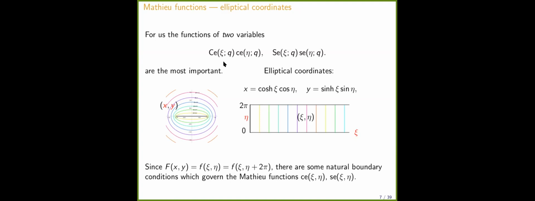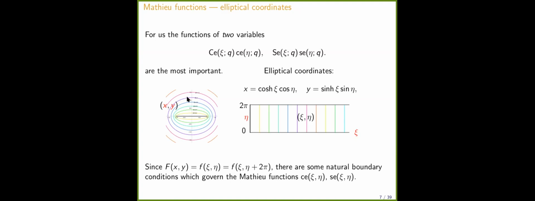So these functions of two variables, a capital C times a small c, or a capital S times a small s, are the most important. Now, the elliptical coordinates can be thought of as being defined in an infinite semi-band of height 2 pi, and the vertical lines correspond to concentric ellipses.